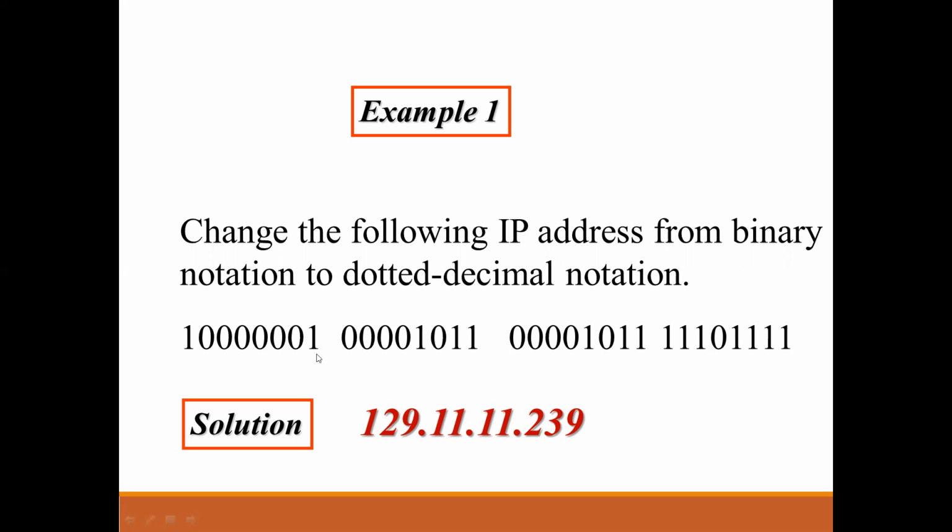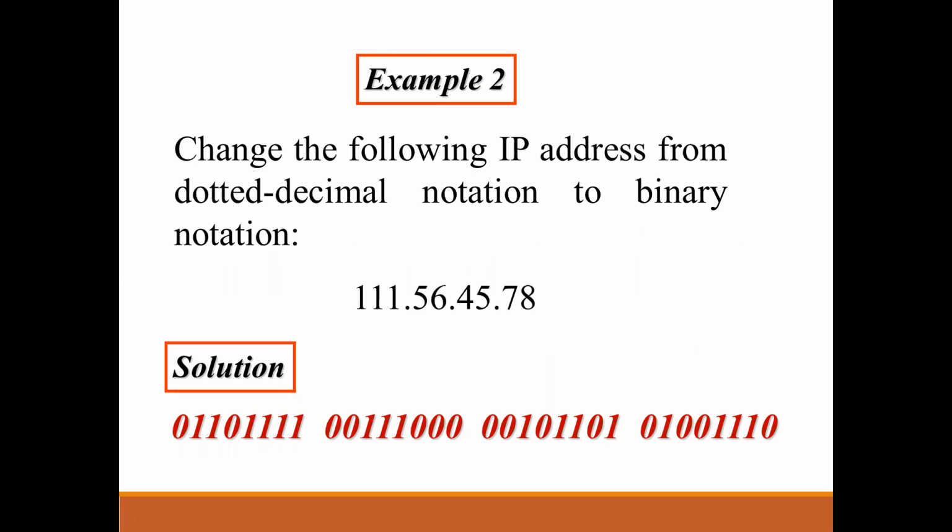So 2 raised to 0 into 1, that is 1, and this is, I think, 2 raised to 7, and that is 128. So 128 plus 1, that is 129. Again, the same thing over here. For the second byte, we convert it into its equivalent decimal number, that is dot 11. For the third also, it is dot 11. And this last byte is again converted into its equivalent decimal number, and that is 239.